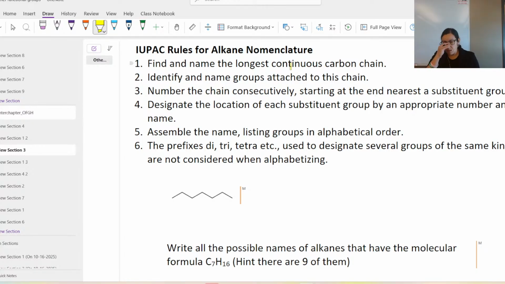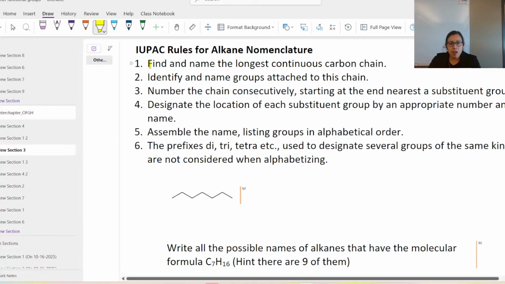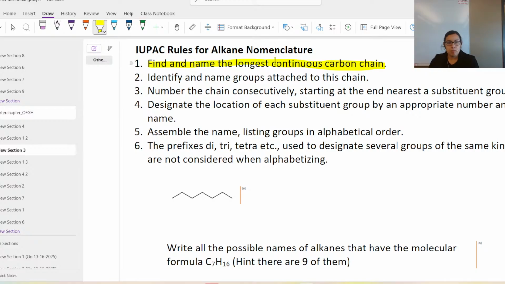Sometimes you can draw something deceptively and that's not actually the longest chain. So you have to go around and count. That's my second greatest advice for OChem: count your carbons and then count again. That's the first hardest thing, which truly is your longest chain. You may have to check out several mappings.